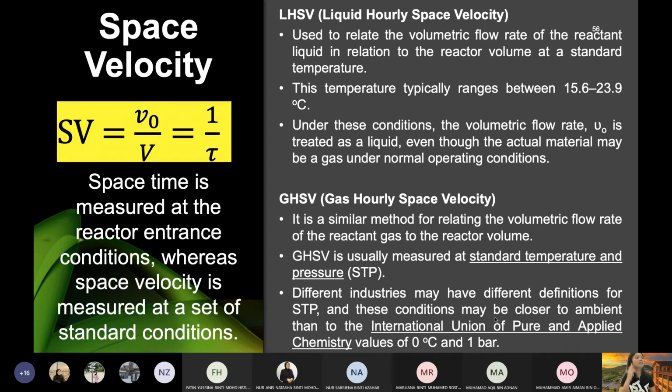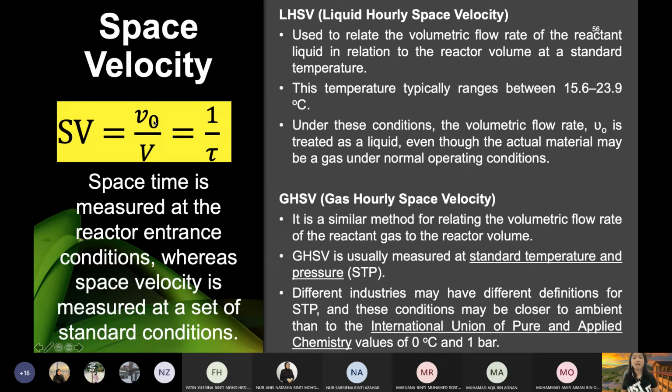However, space velocity ni ada sikit susah untuk kamu nak measure or for you to calculate because dia mesti calculate based on a very specific condition. Okay, apa maksud dia? Okay, maksudnya sini, volumetric flow rate tu sebab kan kalau tadi space time, volume per volumetric flow rate kan. So kalau space velocity dia reciprocal, so become initial volumetric flow rate per volume. Terbalikkan saja.